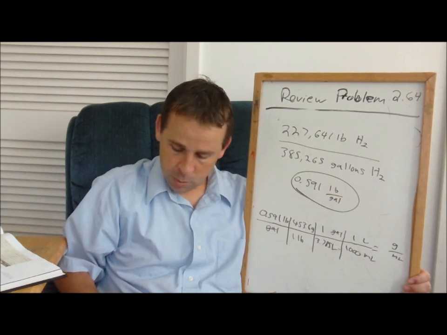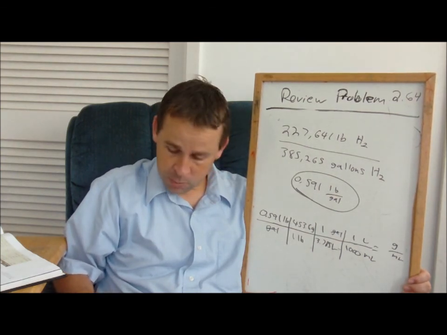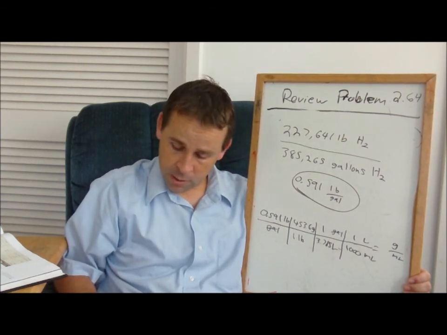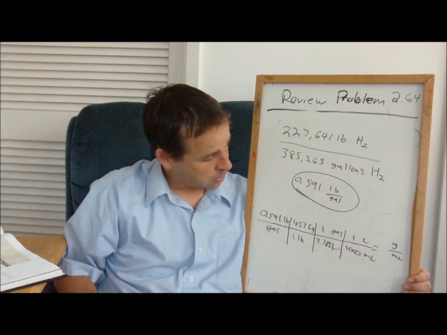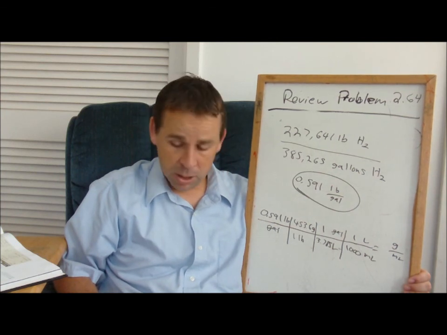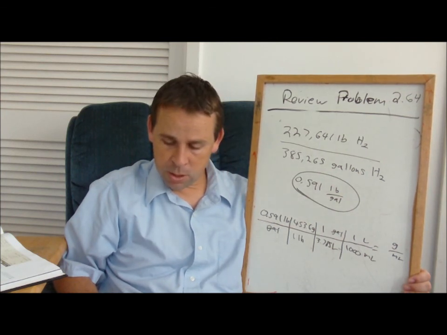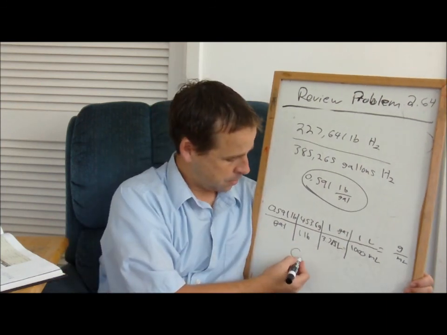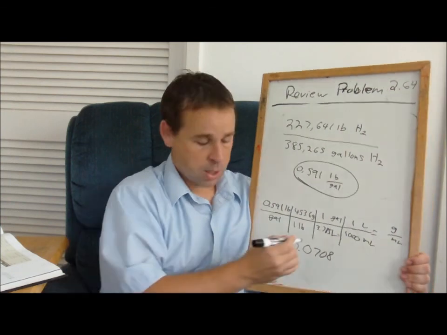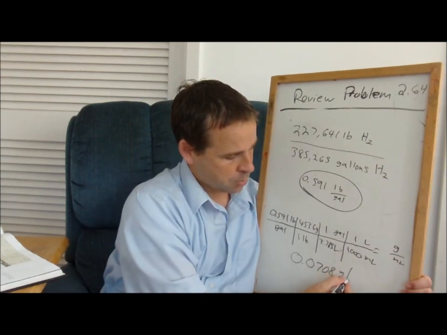All right, 0.591 times 453.6 divided by 3.785 divided by 1,000. Okay, so I'm getting 0.0708. All right, and that's grams per milliliter.